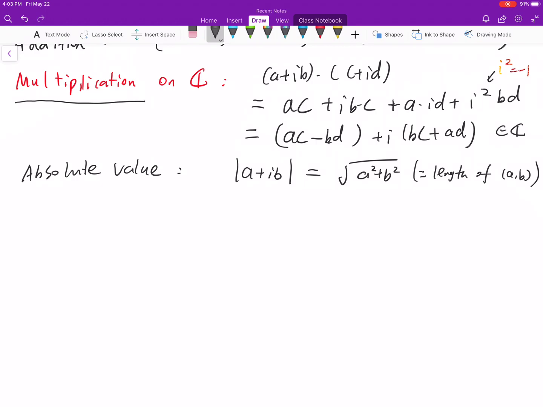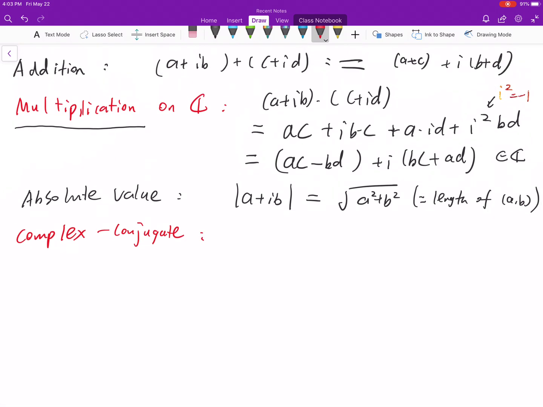And now we have another one, which is special for the complex plane, the complex conjugate. So for a plus ib, you take the complex conjugate, you define it to be a minus ib.